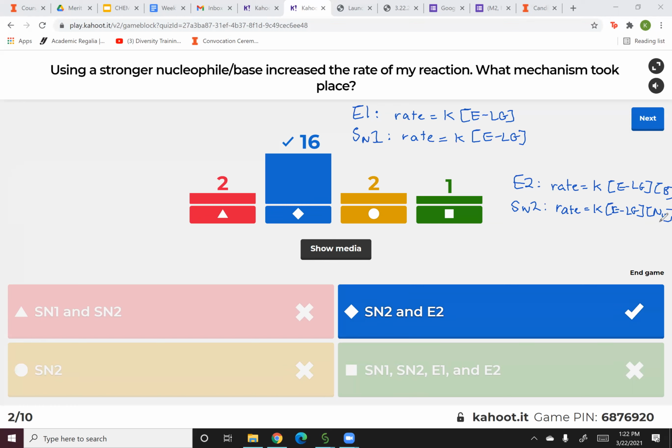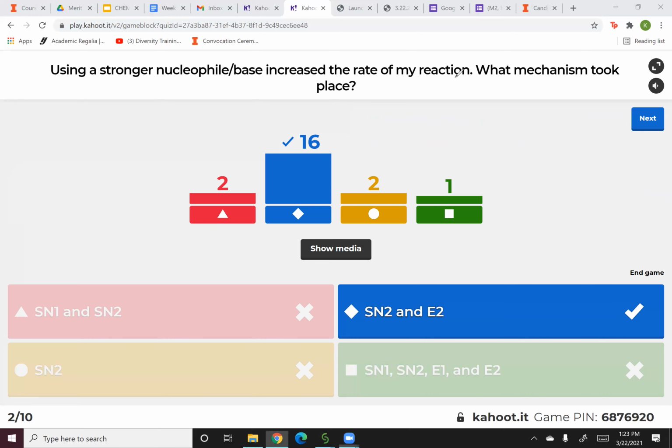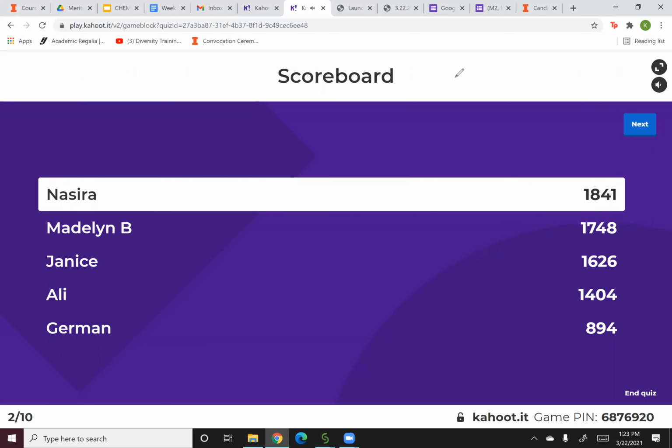They take place in a single step, so both species react at the same time. So the rate will depend on both species because that one single step is the rate determining step. Now, does anybody have any questions on that? Nah? All right. We will continue on then on this lovely journey that we're going on together.